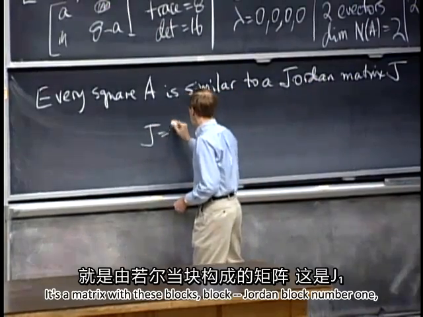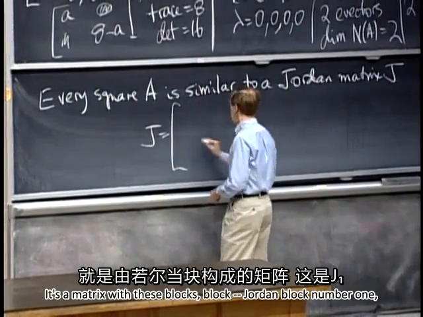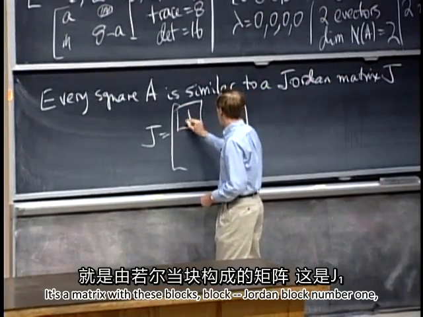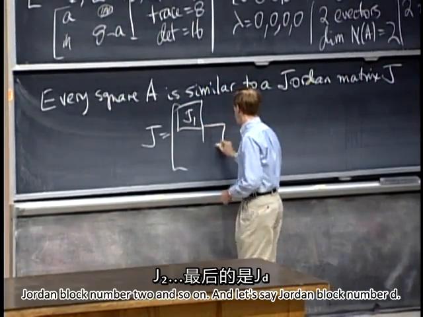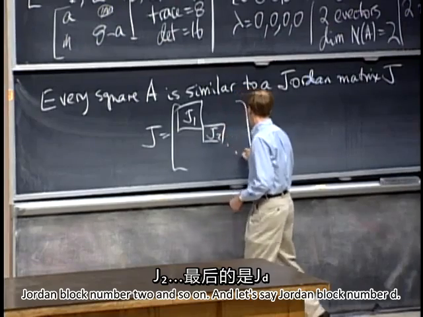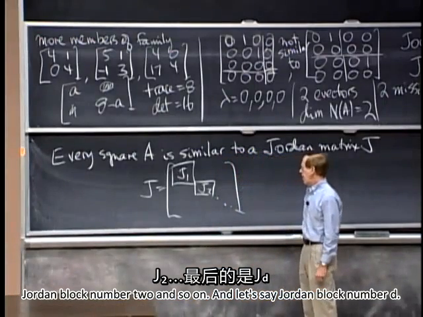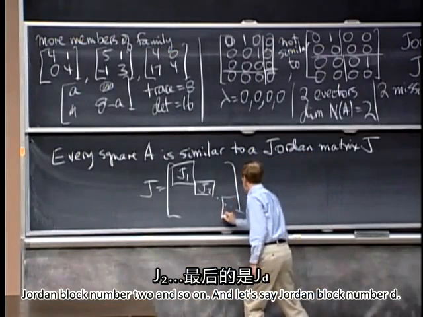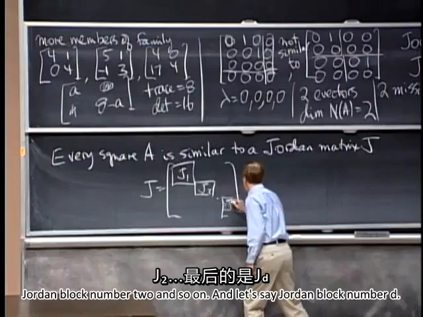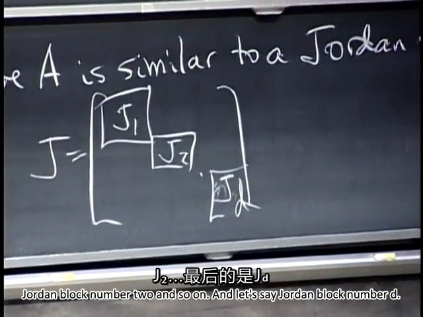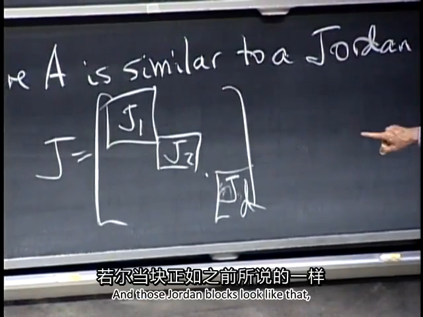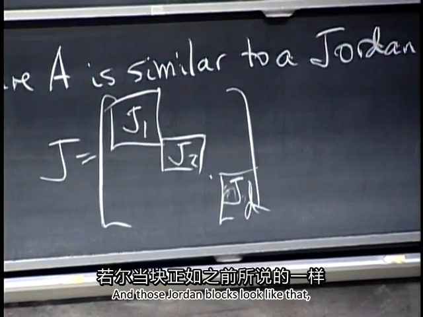It's a matrix with these blocks. Jordan block number 1, Jordan block number 2, and so on, up to Jordan block number d. And those Jordan blocks look like that.